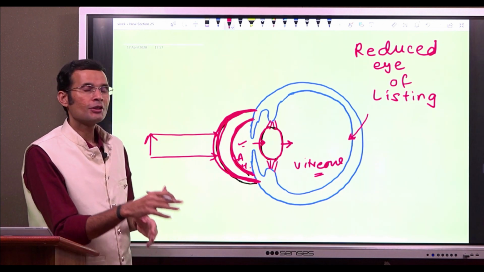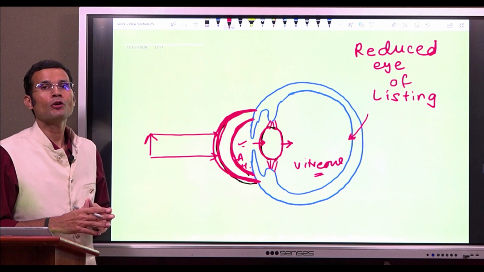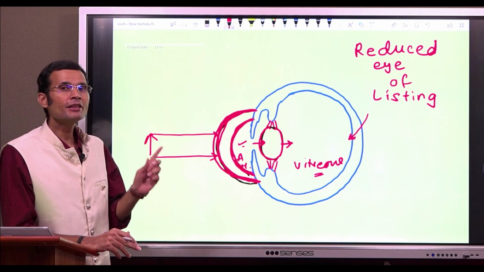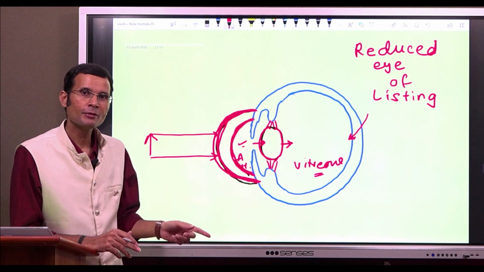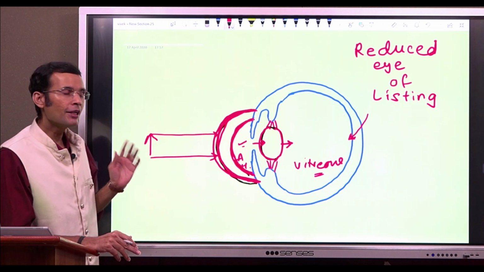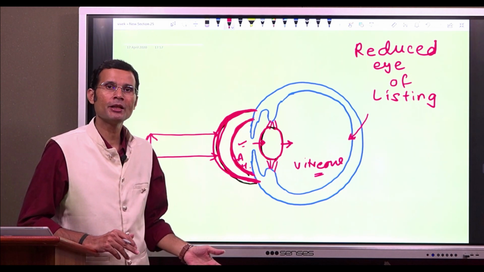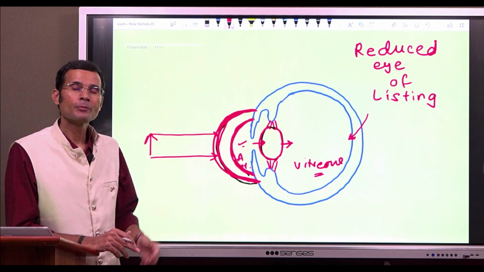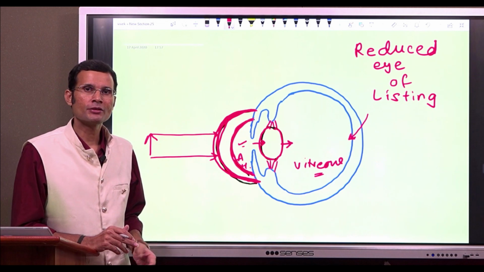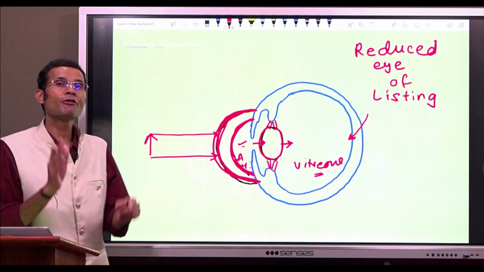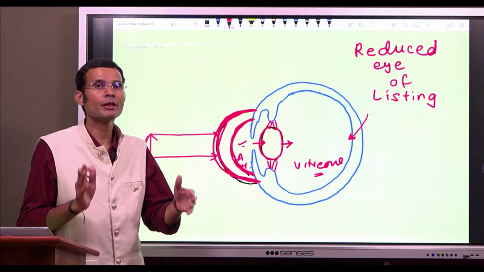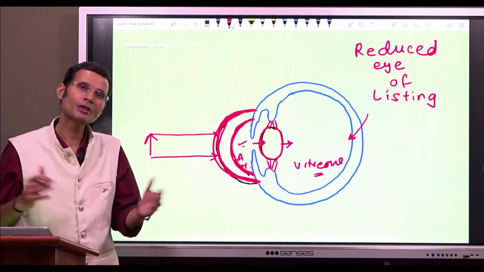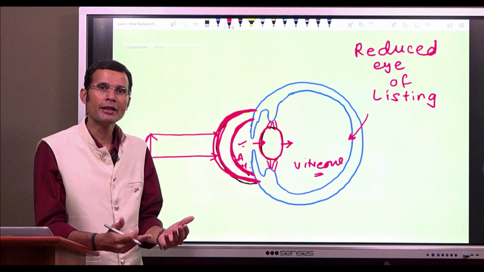Because the refraction of the light rays will depend on the difference in the refractive indices between the two media. Light rays from one medium are entering another medium, so two different media, refraction occurring. But how much refraction occurs depends on the difference in the refractive indices between the two media. If that difference is larger, the refraction of the light rays will be greater.